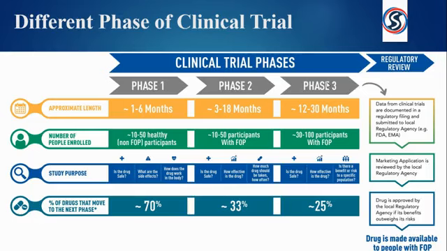So here the studies are conducted on a larger population and in different regions and countries, and this is the phase right before the new treatment is approved. It involves 100 to 300 participants with the condition the medication is meant to treat.